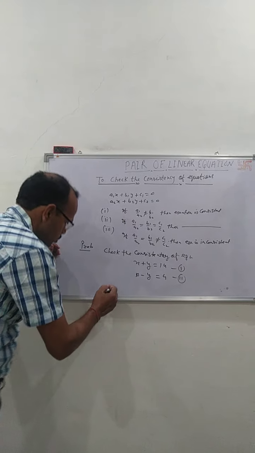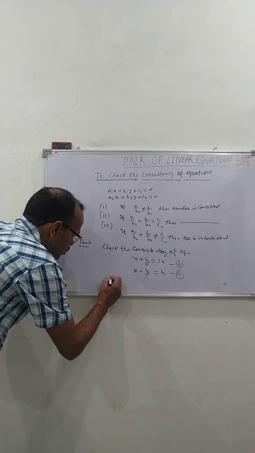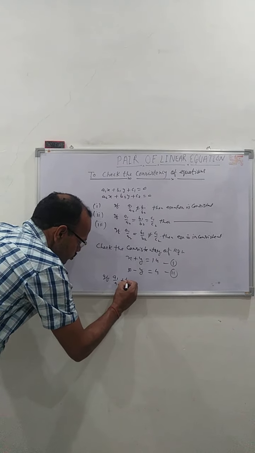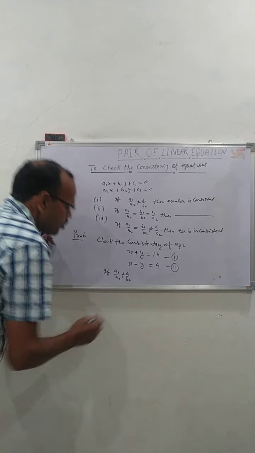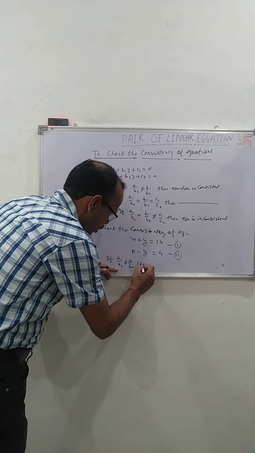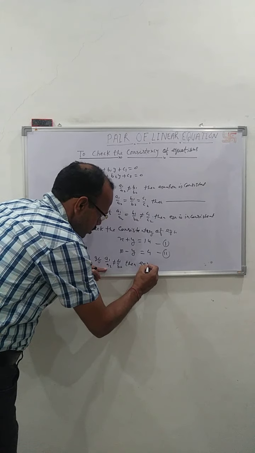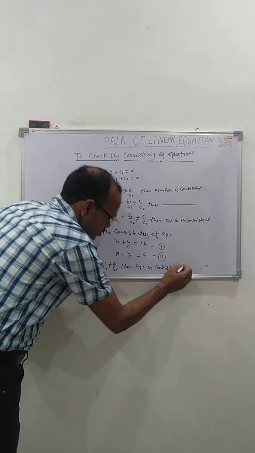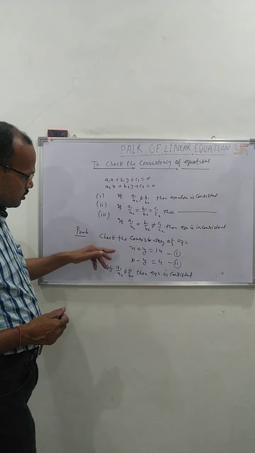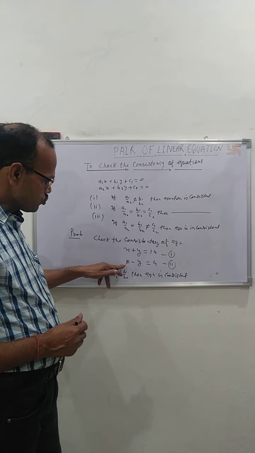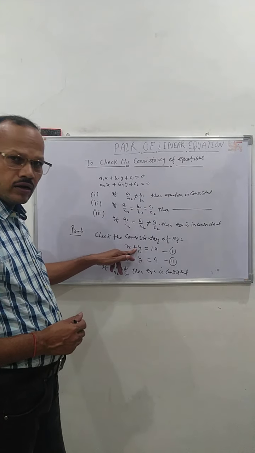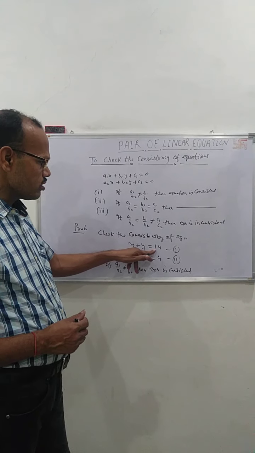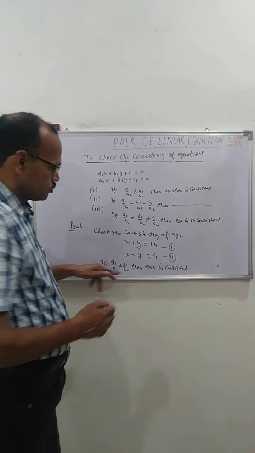So we check if a1 upon a2 is not equal to b1 by b2, then the equation is consistent. Here a1 is 1, a2 is 1 also, b1 is 1 and b2 is minus 1, while c1 is minus 14 and c2 is minus 4.